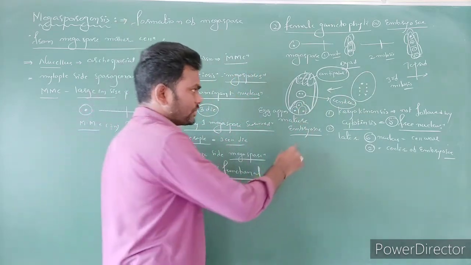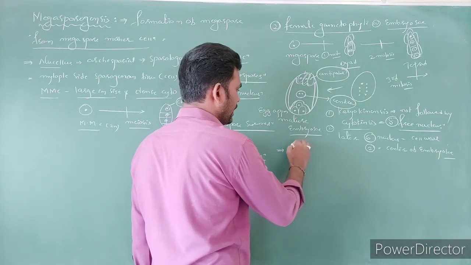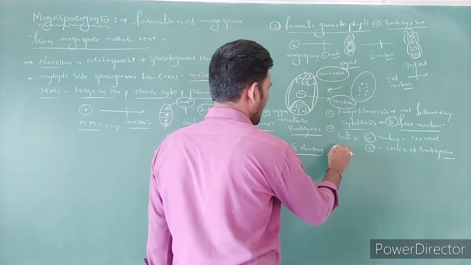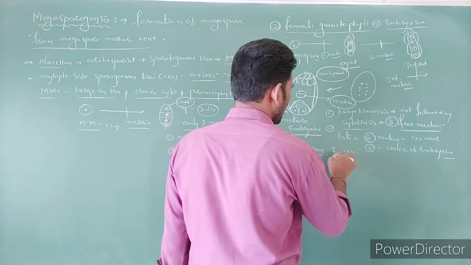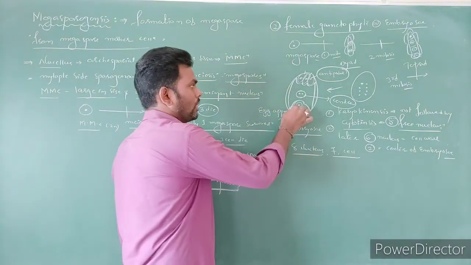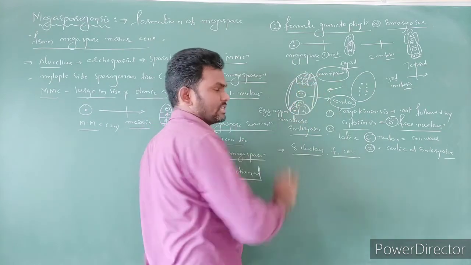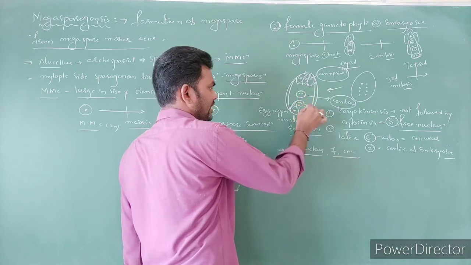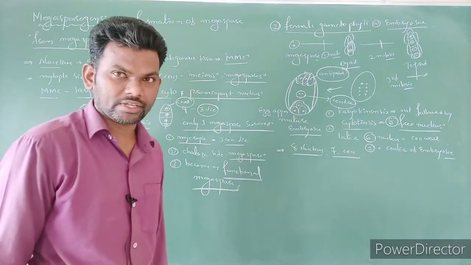So the mature embryo sac contains 8 nuclei and 7 cells. 1, 2, 3, 4, 5, 6, 7 cells, and nuclei are 1, 2, 3, 4, 5, 6, 7, 8. 8 nuclei and 7 cells at this stage.